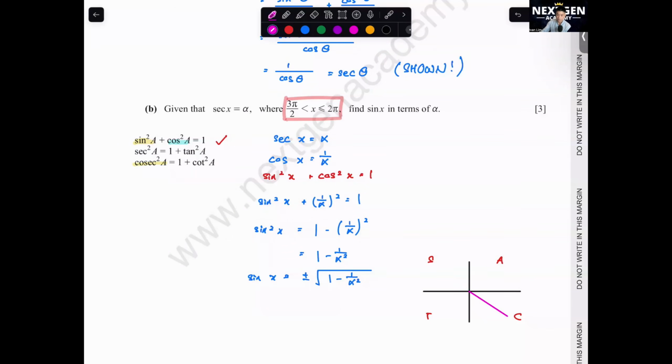Negative, right? Okay, because only cos is positive. So the final answer will be negative square root of 1 minus 1 over alpha square. Okay, the reason being is because sine is negative in quadrant 4.